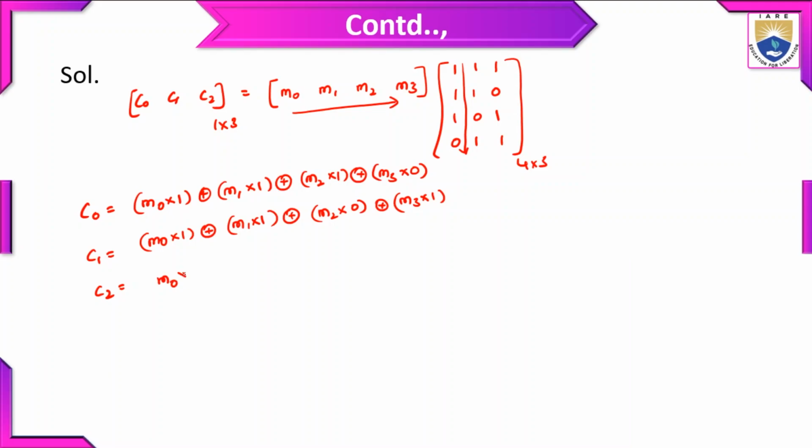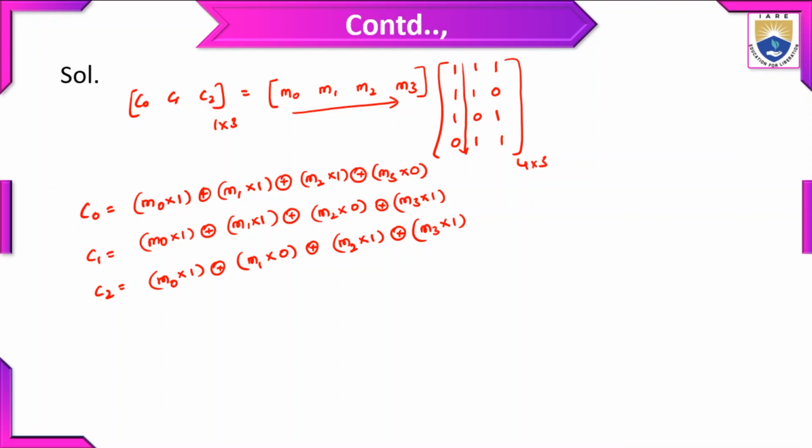Again M0 into 1 XOR M1 into 0 XOR M2 into 1 XOR M3 into 1. So in between, all are XOR operations.